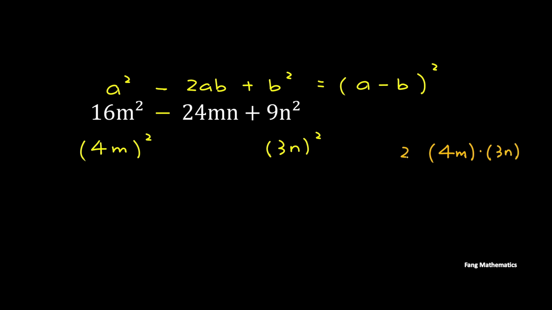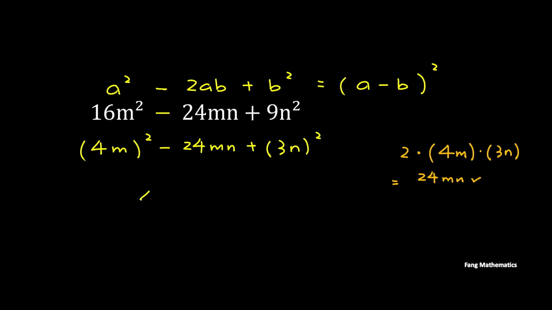So 2ab, 2 times 4m times 3n, and let's see if that gives us 24mn. 2 times 4 gives you 8, times 3 gives you 24, and attach m and n. So indeed, this 24 matches with the 24 in the question. Therefore, this is indeed another version of perfect square in which there is a minus sign attached to your linear term. Let's use the formula on the right.